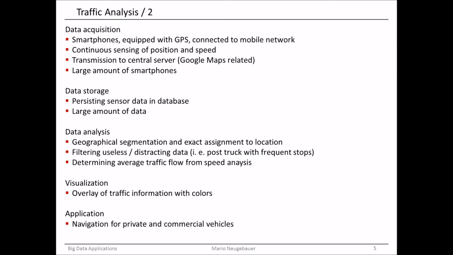Which data did we acquire? We acquired the position and the speed. To assign the position and the speed to the correct geographical position, so that you know, at a certain position on your map there's a certain speed which the driver drives their car with, and this then means traffic jam or not.